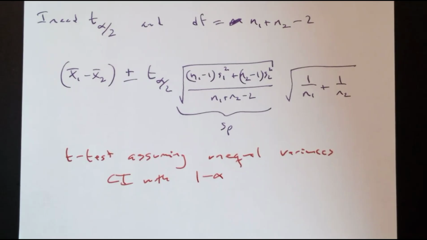I'm still going to need T alpha over 2 the same way. But if I'm using unequal variances, what changes?